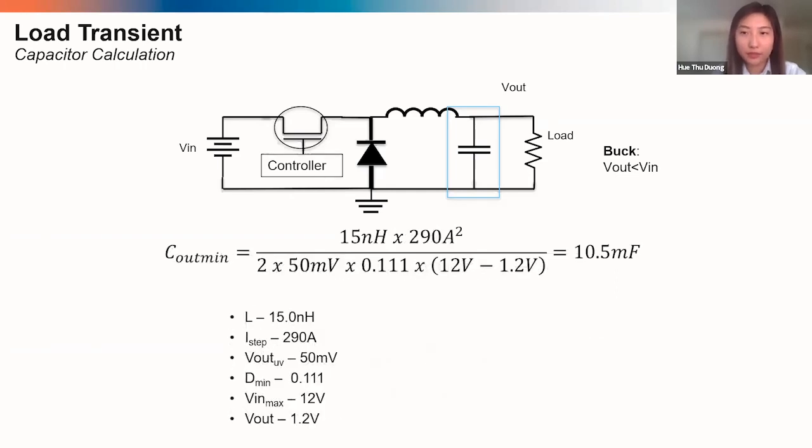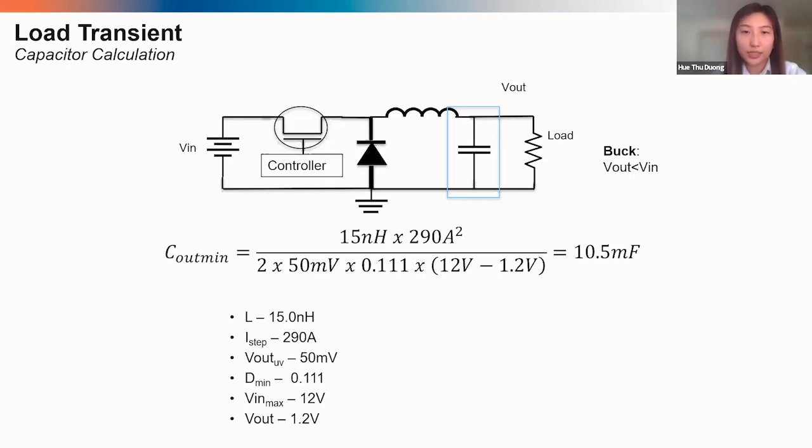Here in this example, we have the 15 nanohenries that we calculated earlier, as well as these provided values at the bottom. So now we plug these values into the equation on the previous slide. So 15 nanohenries times 290 amps squared, divided by 2 times 50 millivolts times 0.111 times 12 volts minus 1.2 volts.